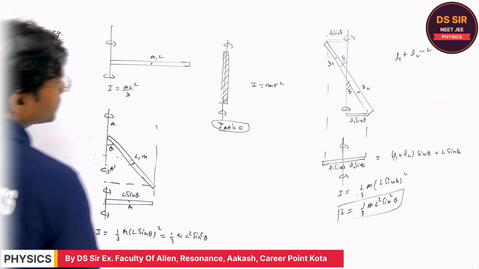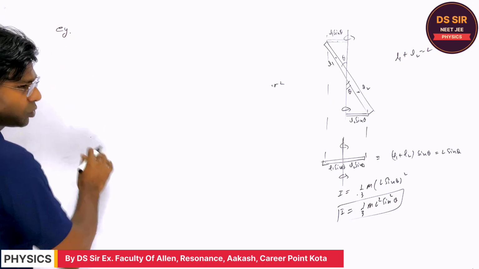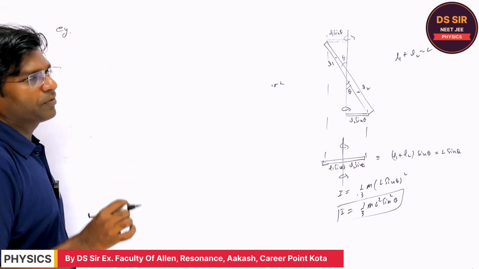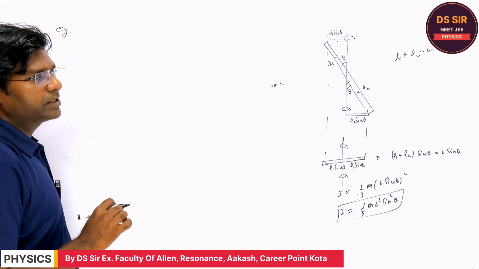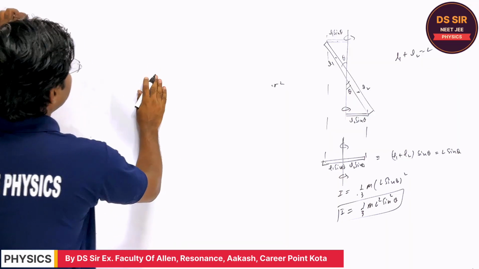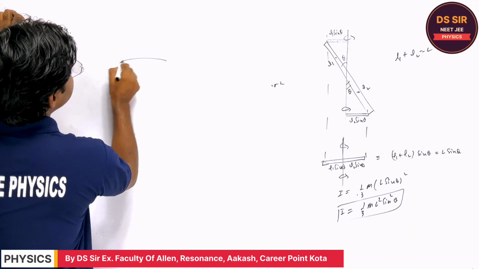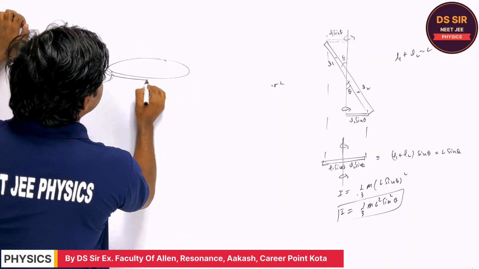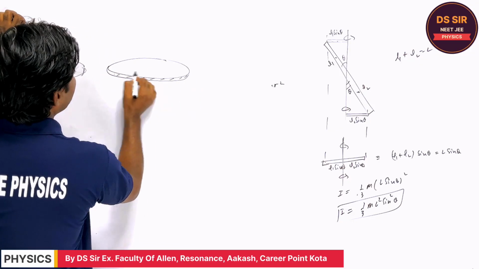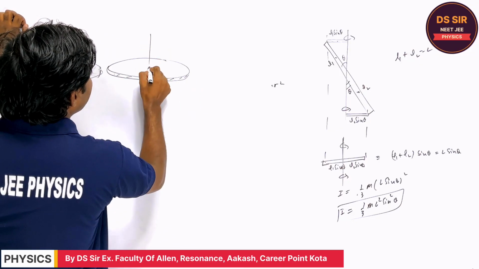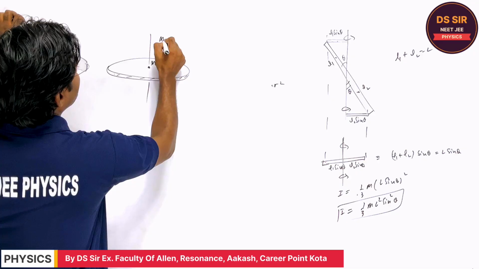Copy this. Listen one thing. Before doing this question, a simple question of truncated body, how to find the center of mass of the truncated body, right? Suppose this is the disk, and this is the disk of mass m and the radius r.